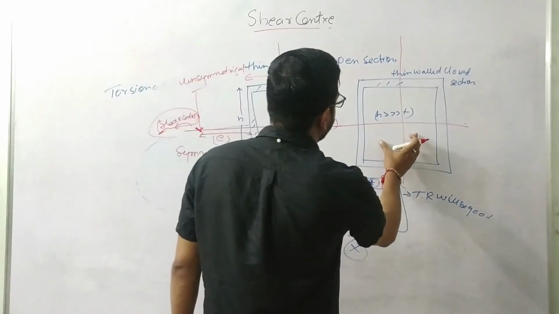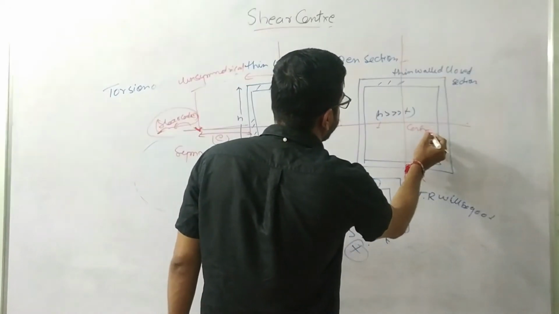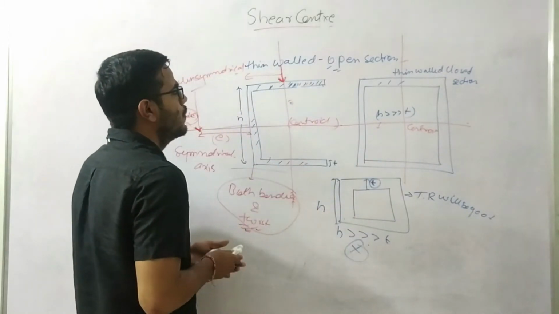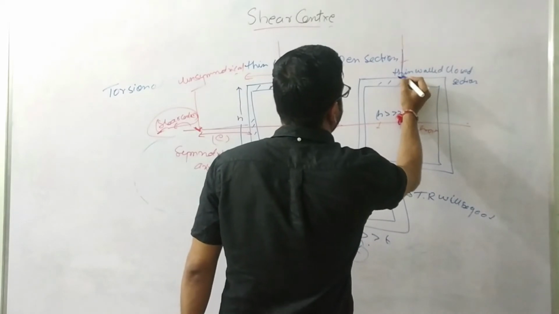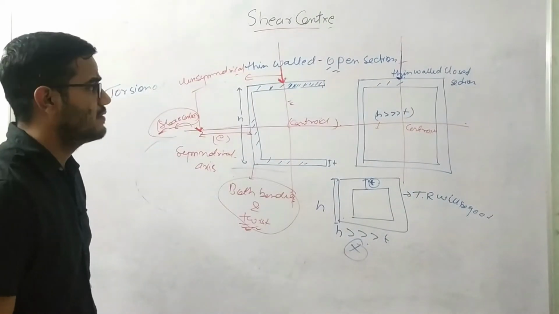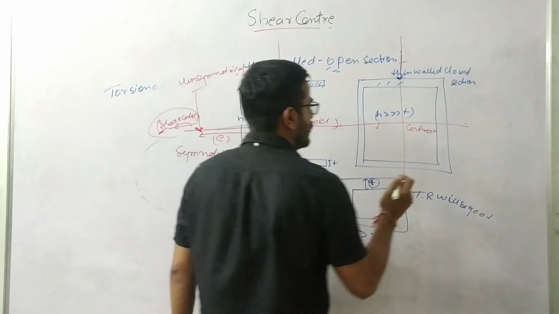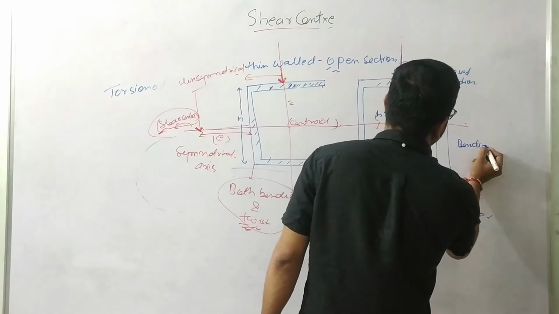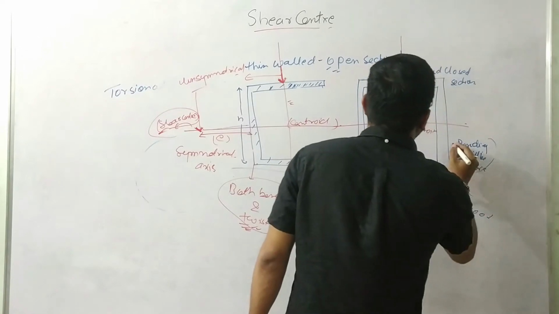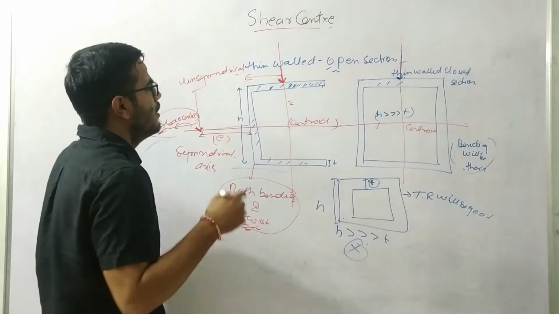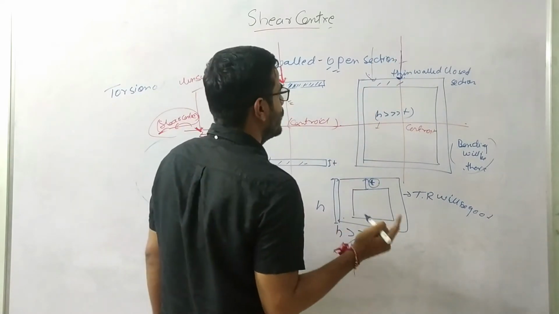Like in this case, this is the axis of symmetry, and this is our centroid. If I apply a load along this axis, then this cross section won't have any twisting. Only bending will be there. If I apply load at any other axis, at any other point, then this will have both bending and twisting.